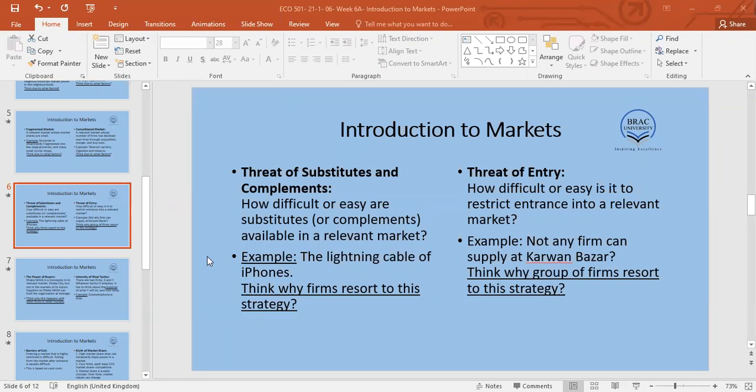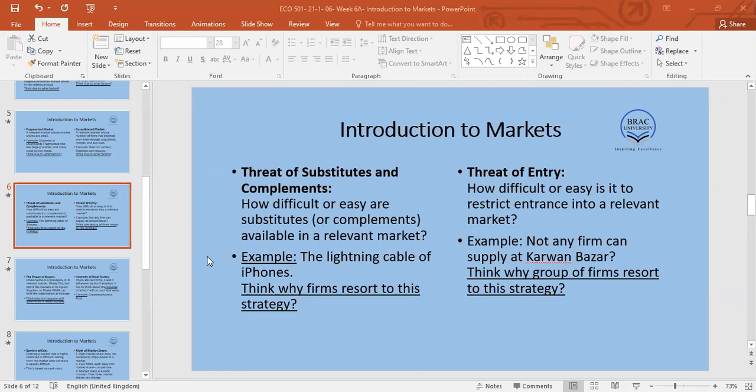For example, if you come to Karwan Bazaar, you will see that it is a wholesale market in the middle of Dhaka city. Apparently, we just say that okay, there's a syndicate. This group of firms has a committee. They won't let any new firms enter. That's one way of looking at the restricted market of Karwan Bazaar. Another way of looking at it is that Karwan Bazaar has a capacity.